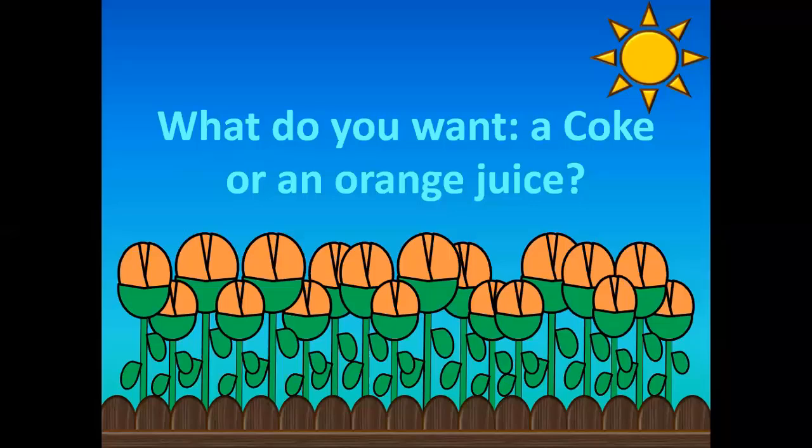So we can use why do you want a Coke or an orange juice? Okay, so we can also say either you want a Coke or an orange juice. But then we should say whether or either, right? You are saying we should use whether or either, right?